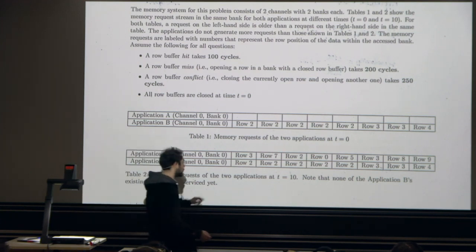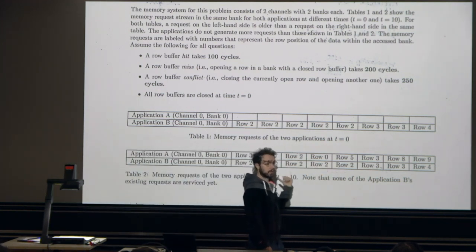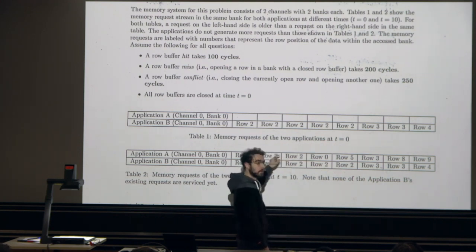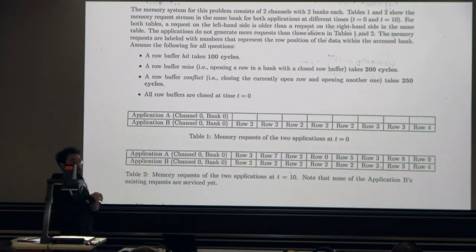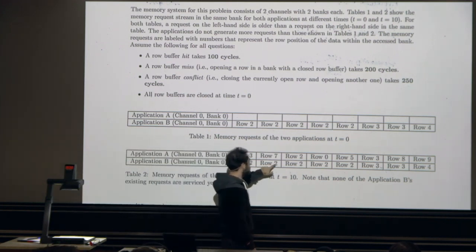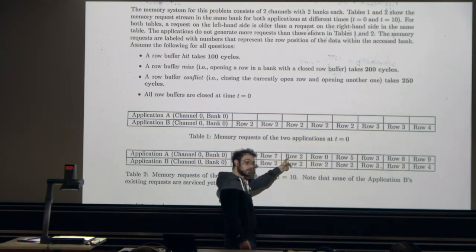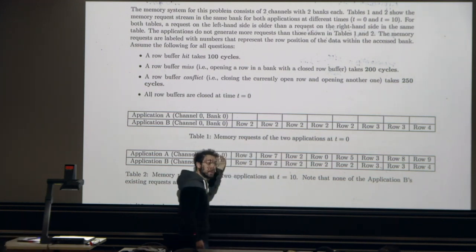So if we do 5, it's 1, 2, 3, 4, 5. Application B is blacklisted. We execute row 2, and then the same thing. So application B will be blacklisted if the threshold is below 6. So we need at least n equals 6, because if we have n equals 6, we will do 1, 2, 3, 4, 5. We will execute this request in row 2, then 6 here, and then we do not blacklist application B because we execute a request from application A, right?